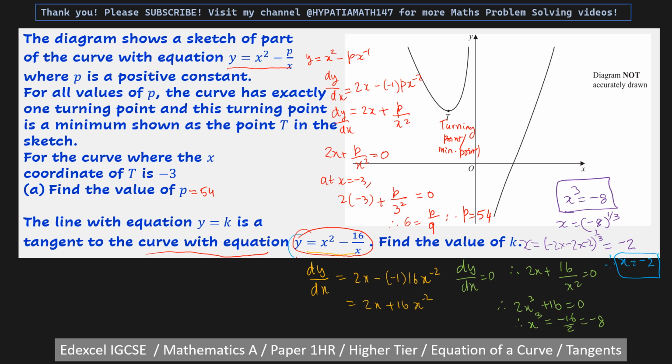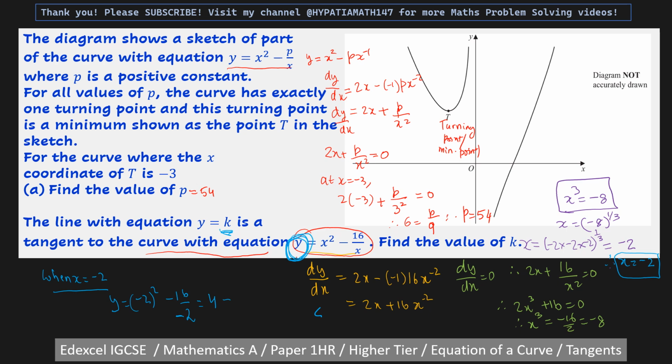So when we get x equals minus 2, we can find what the y coordinate is, and that is equal to k. So when x is minus 2, then y would be minus 2 squared minus 16 over minus 2, that equals 4 minus 16 over minus 2.